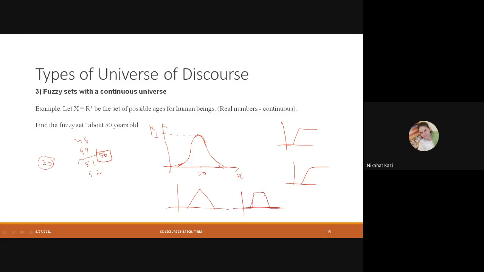If you're talking about straight lines, you can model this about 50 using this curve also. This is a bell-shaped curve. But remember, for this example, for about 50 years old.